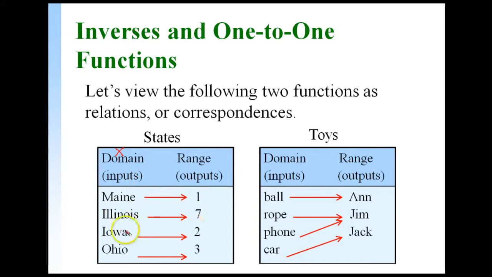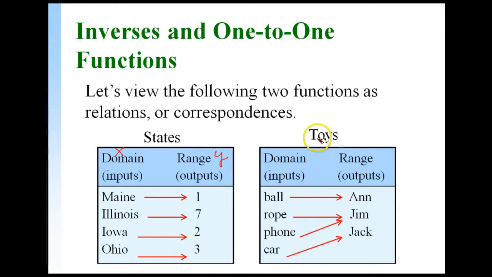Illinois, there's 7. Iowa, there's 2. Ohio is 3. So one line from the x going to the range, which are the y's, and it's a one-to-one relationship.